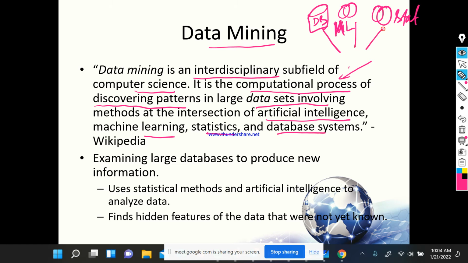All together, this ultimately comes into DM, data mining. So data mining is multidisciplinary; that's why we say interdisciplinary subfield. We have database because data mining needs data, so that comes from the database.